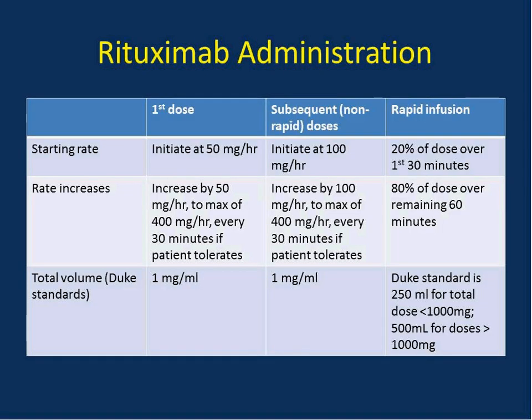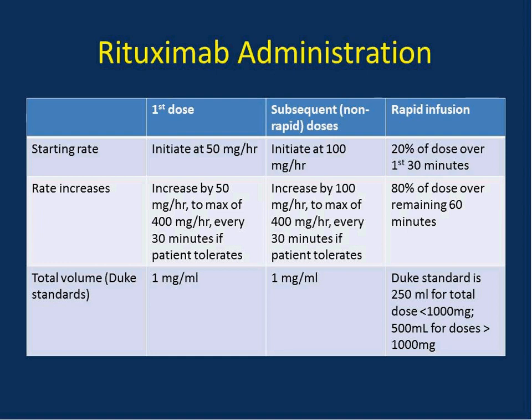As far as administration, one of the biggest issues, and you'll see this in a couple slides, is the risk of infusion-related reactions, which can occur in up to 80% of patients with the first infusion. This is something that comes up a lot in the clinic, but what's the difference between the 3 different infusion options that we have?